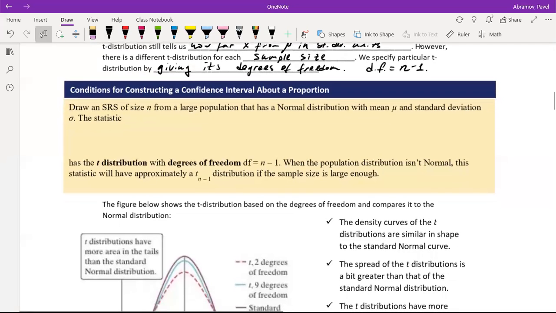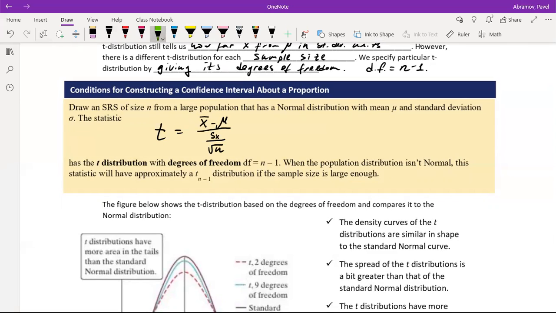So in other words, if we pick a simple random sample of size n from a large population that has a normal distribution with the mean mu and the standard deviation sigma, the statistic, which will be our t, is equal to x bar minus mu divided by the standard error, which is given by the standard deviation of the sample over square root of n.